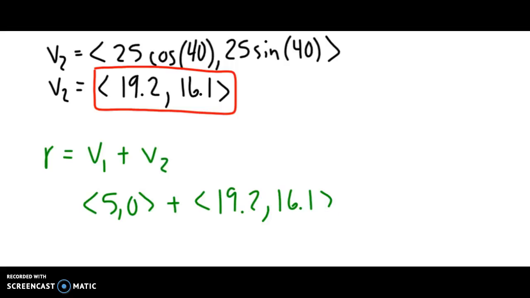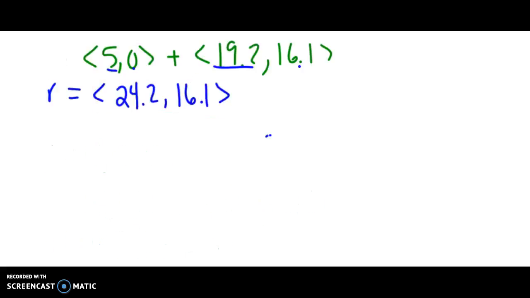So my final resulting vector, R, is going to be, well, 5 plus 19.2 is going to be 24.2. And 0 plus 16.1 is just going to be 16.1. So that's my resulting vector. Okay, I can use that information now to figure out both the magnitude and the direction.